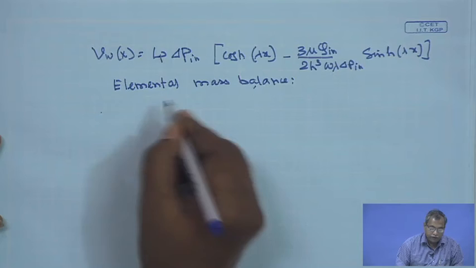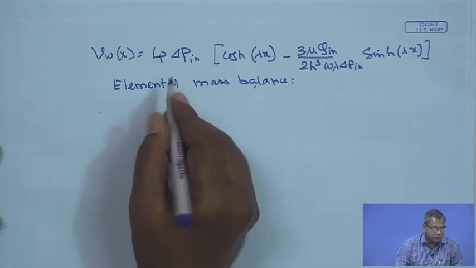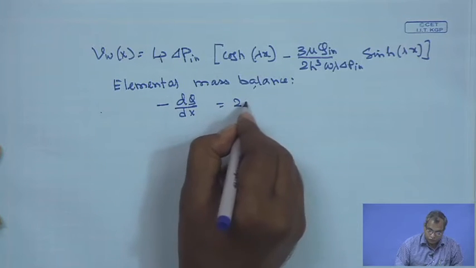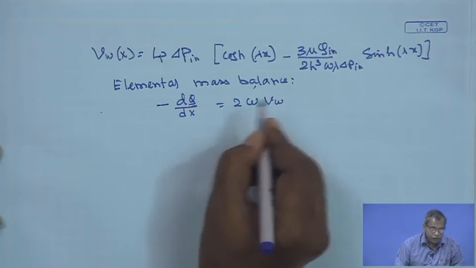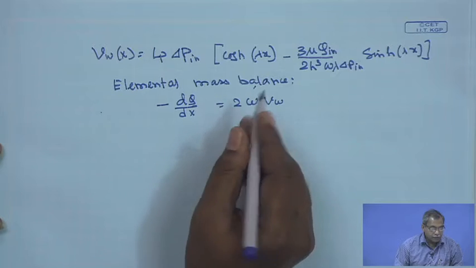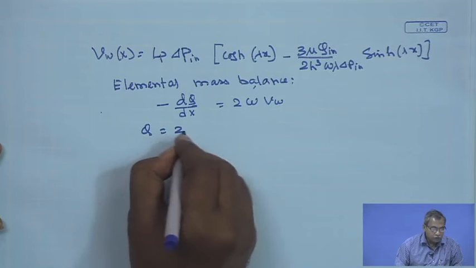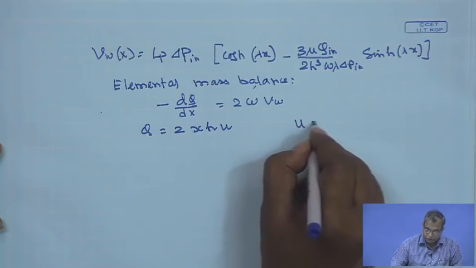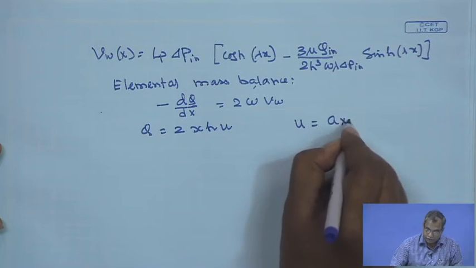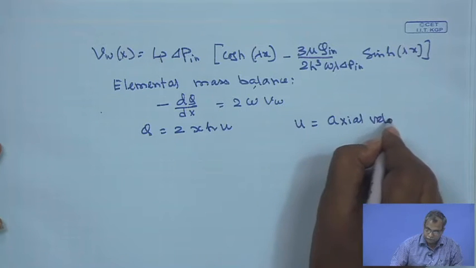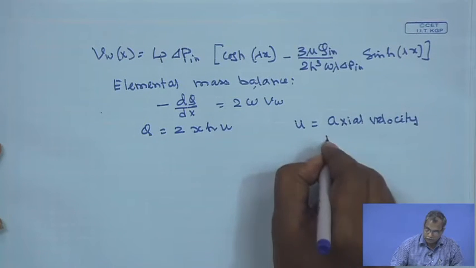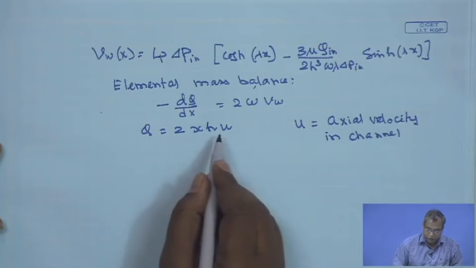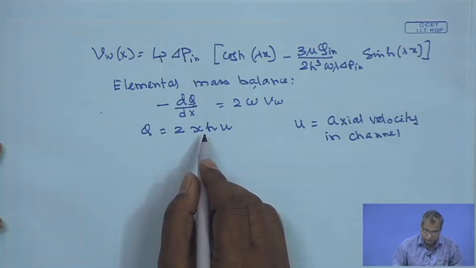So, basically mass balance over an element in the channel will give you minus dq dx is equal to 2 w v w, and in this case we have to put q is equal to 2 x h times u, where u is the axial velocity in the channel, h is the height and 2x is the length.